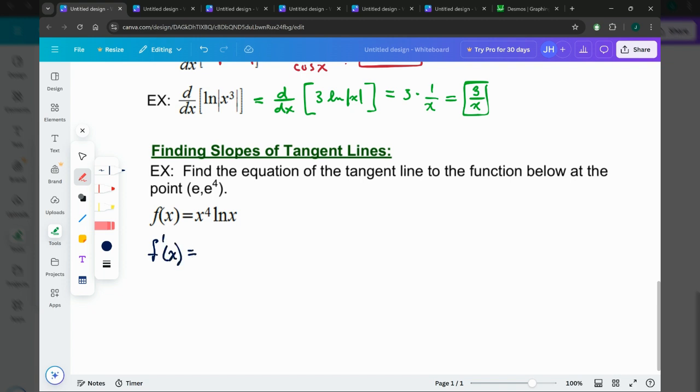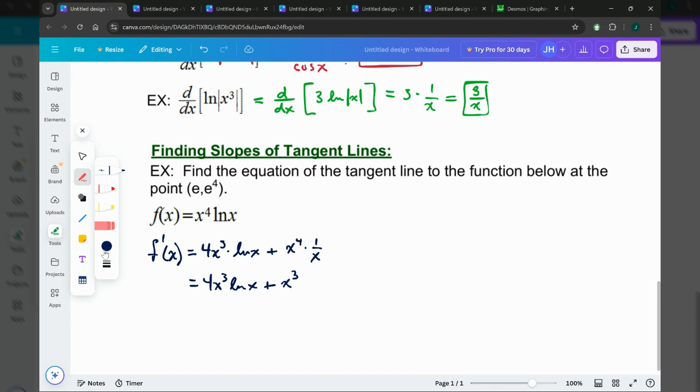The derivative of the first part would be 4x cubed times the natural log of x plus x to the 4th times 1 over x. So the derivative here is actually 4x cubed natural log of x plus x cubed.